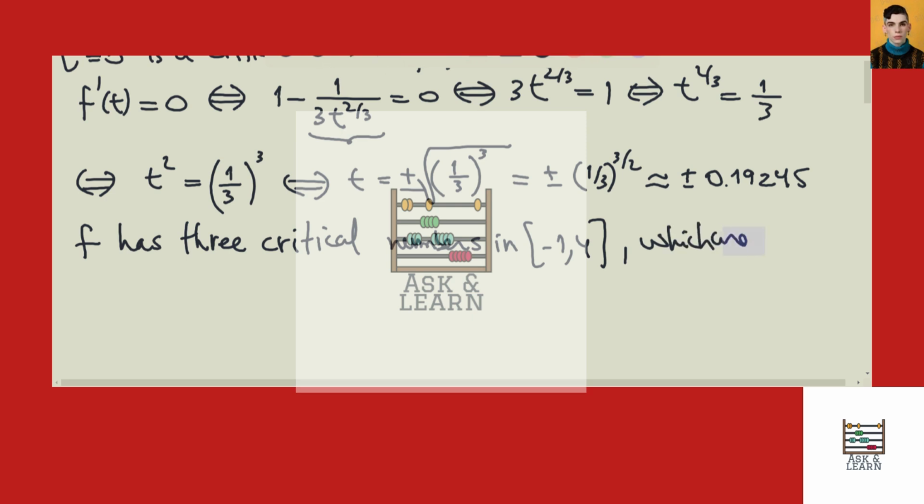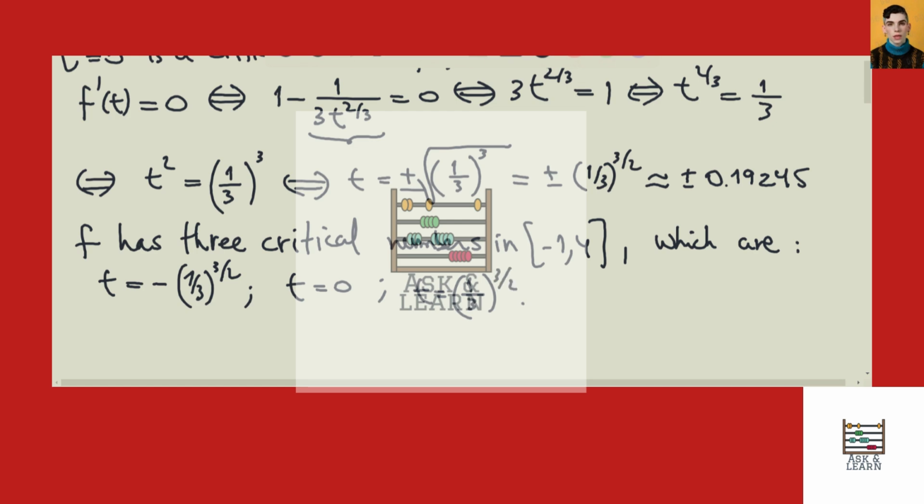which are t equal negative 1/3 to the 3 halves, t equals 0, and t equal 1/3 to the 3 halves.